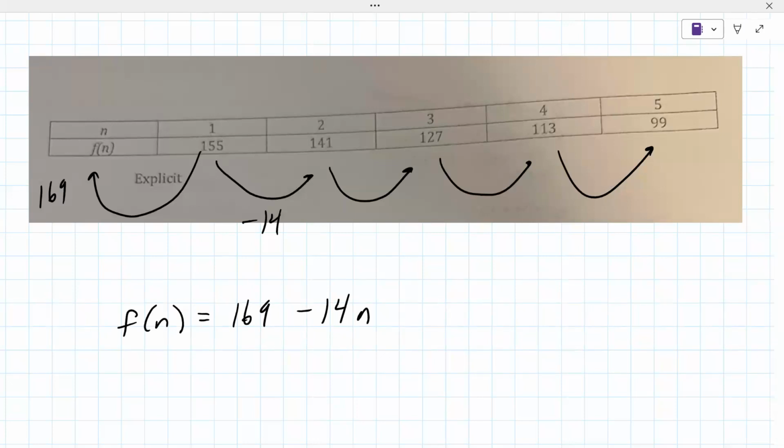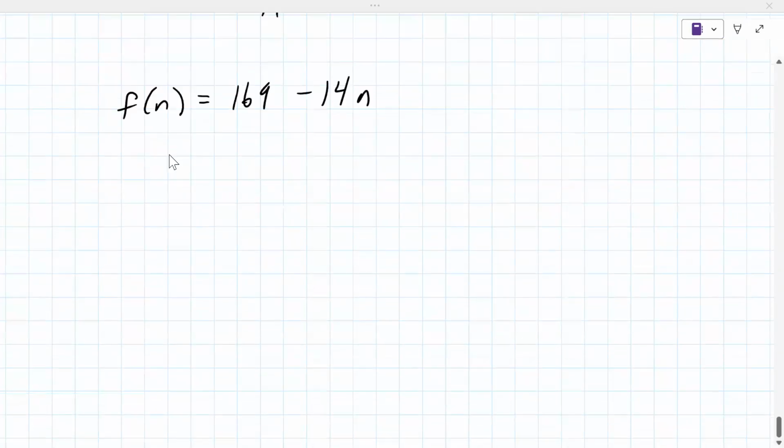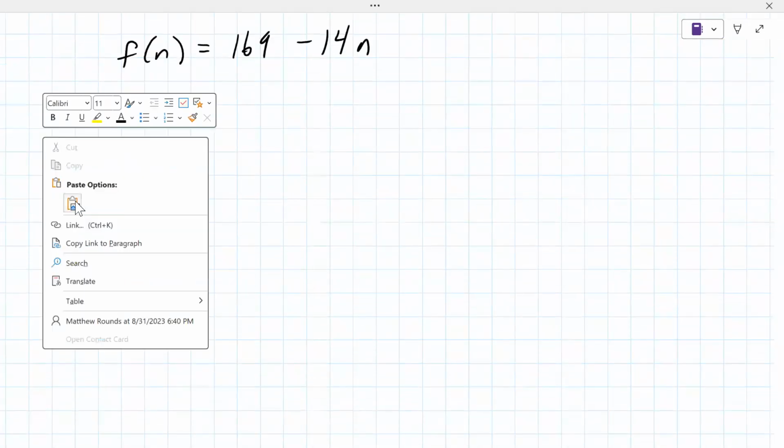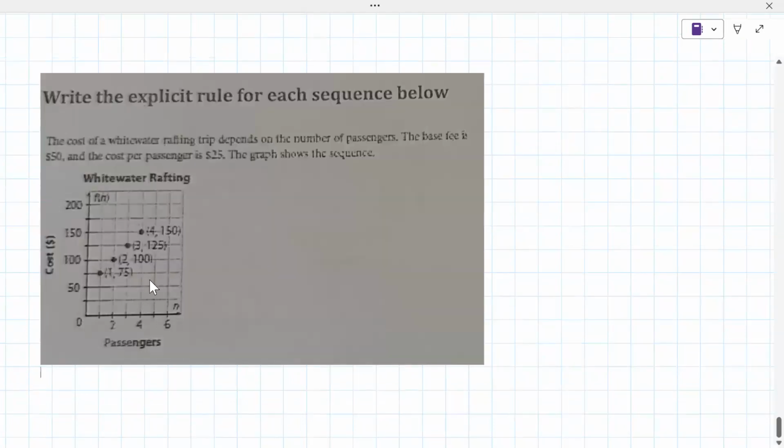Right, so maybe try the next one. It's really the same, it's just not in a table. You still need to figure out the increment or decrement and then the previous one. So why don't you try coming up with a rule for this? 75 to 100 to 125 to 150. Just figure out the rule there. It's also in here.